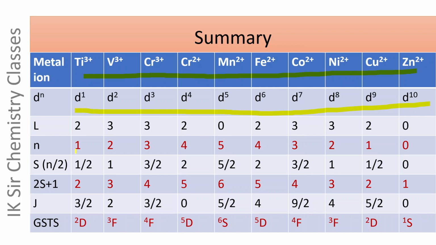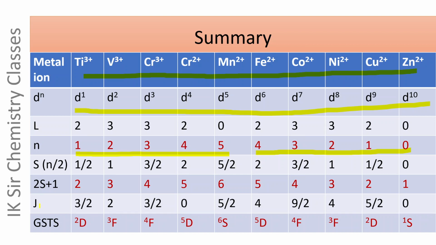Number of unpaired electrons increases from 1, 2, 3, 4 and 5, and then it decreases due to pairing up of electrons: 4, 3, 2, 1 and 0. Capital S is equal to number of unpaired electrons divided by 2, and these values are given here. 2S plus 1 increases from 2, 3, 4, 5, 6 and then decreases.